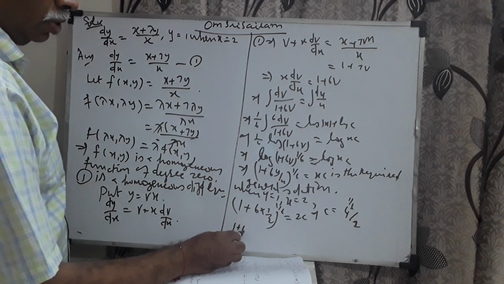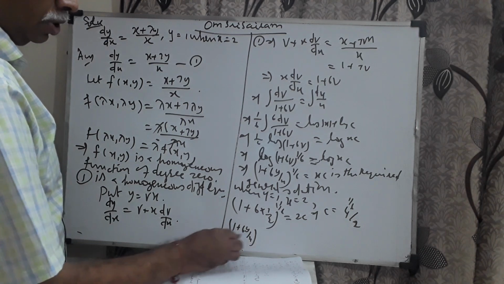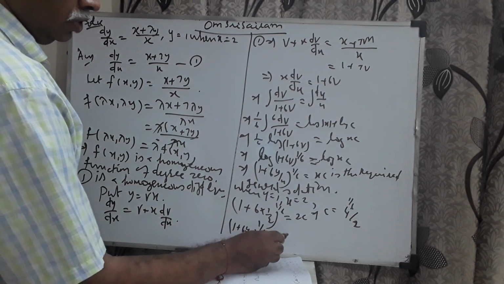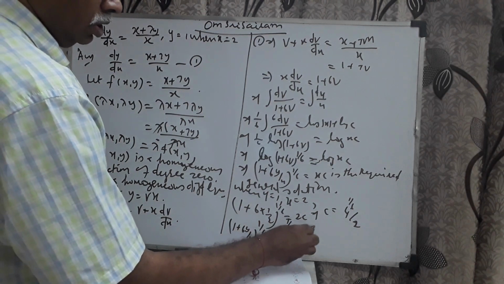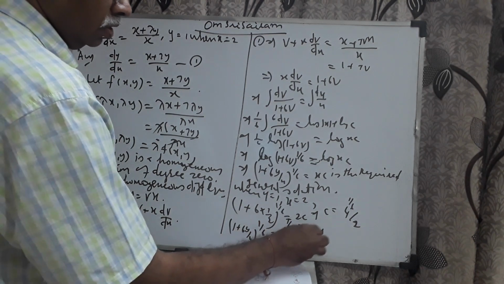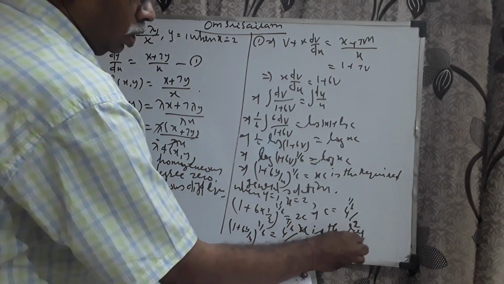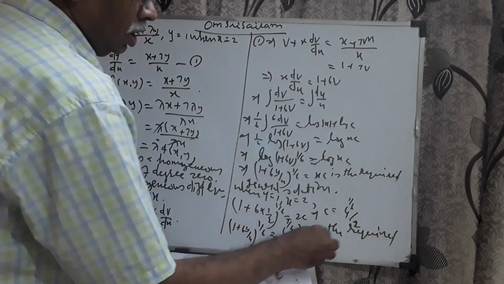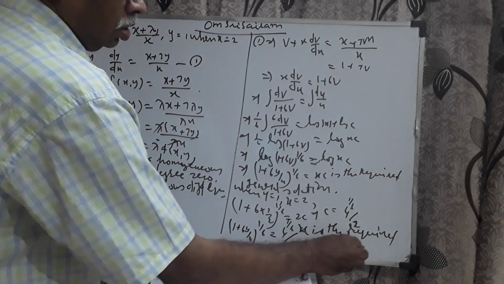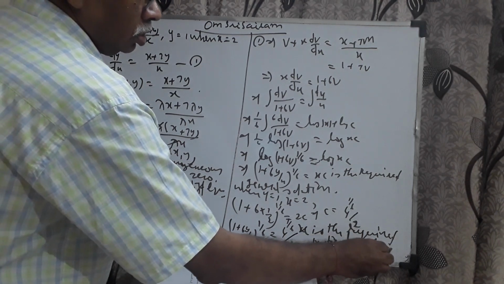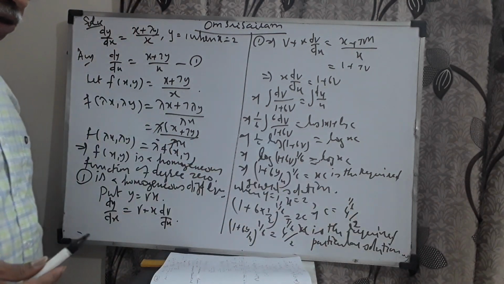Therefore, (1 plus 6y by x) whole power 1 by 6 is equal to 4 power 1 by 6 by 2 times x. This is called the particular solution. This is the required particular solution.